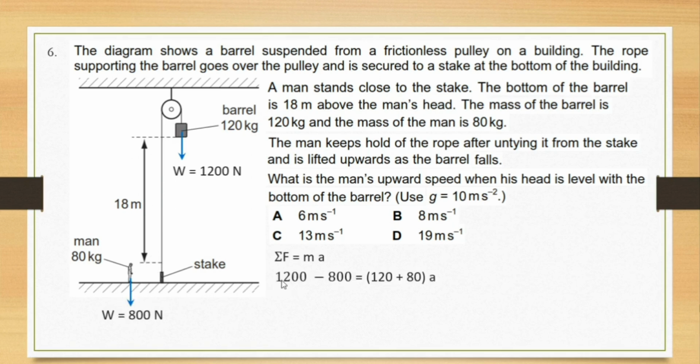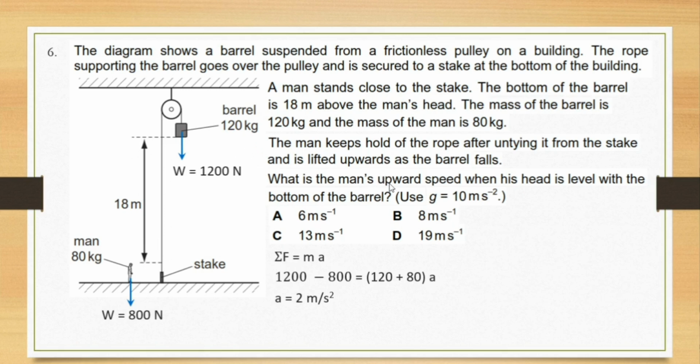So we have 1200 minus 800 equals the total mass, which will be 120 plus 80, multiplied by acceleration. The acceleration of the barrel and the man will be the same. So here I have 400 equals 200a, so a is equal to 2 meters per second squared, both for the barrel and also the man.